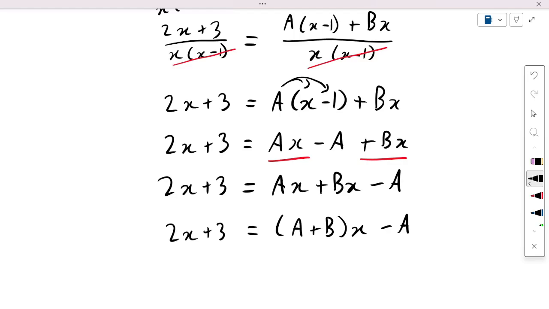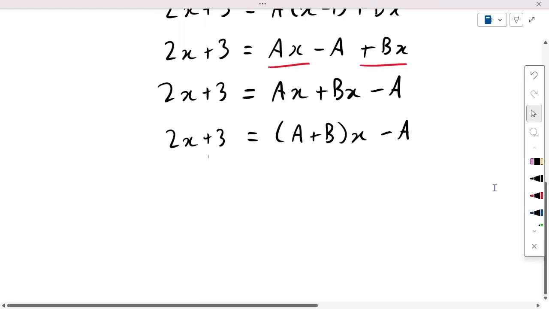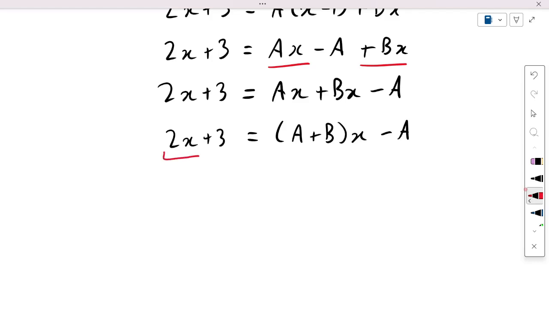So because they are constants, and we would like the constants to be equal to each other, this is where it gets a little tricky. Well, not really tricky. I'm sure you'll understand it immediately as soon as I tell you. What do we note over here? This has a term of x. This also has a term of x.